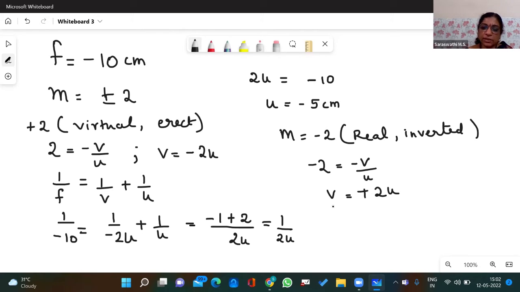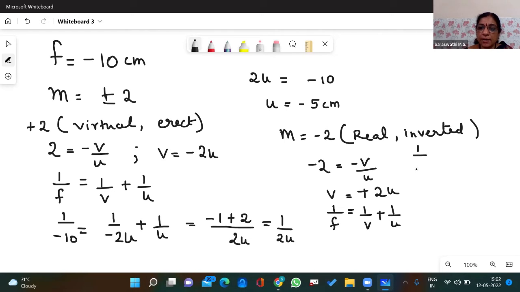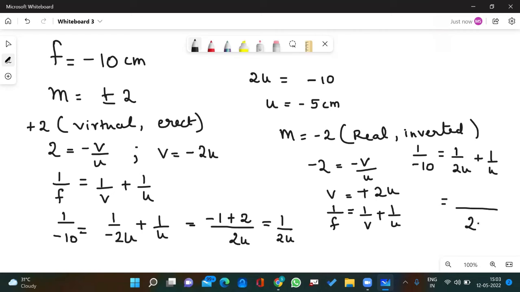So substitute here. 1 by F is equal to 1 by V plus 1 by U. So it is 1 by minus 10. Focal length will remain constant for that particular mirror or lens, whatever be the value of U and V. So 1 by minus 10 is 1 by 2U plus 1 by U. What's the LCM? 2U.